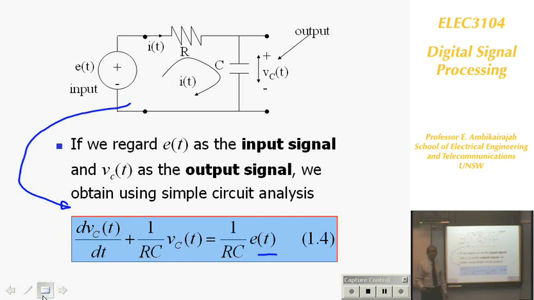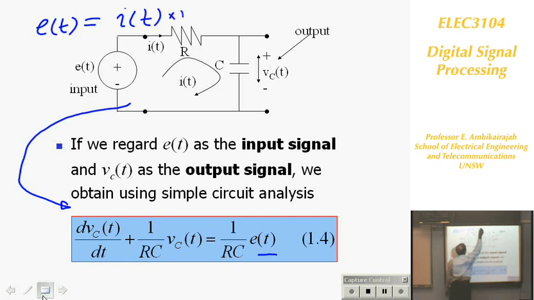It's a very basic derivation for this circuit. You apply Kirchhoff's law: e(t), the supply voltage, is equal to i(t) times R, that's the voltage across the resistor, plus Vc. Then you substitute for i, and you get this one.